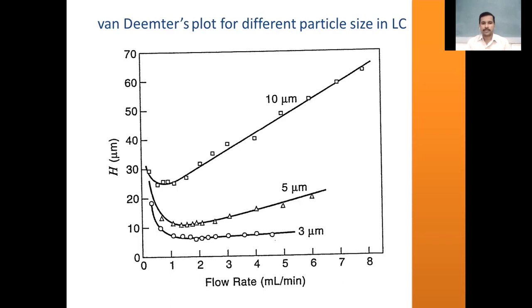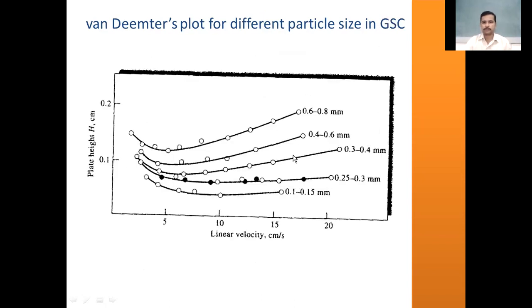Because of the increased band spreading or zone spreading, there is an increase in the plate height, and as a result, the column efficiency is going to be suppressed. And this is true in liquid solid chromatography. In liquid solid chromatography, the stationary phase will be a solid and the mobile phase will be a liquid, and solid stationary phases have utilized particles of different sizes ranging from 3 to 10 micrometer.